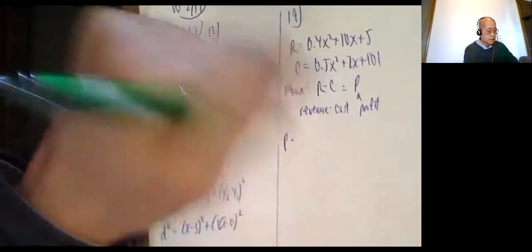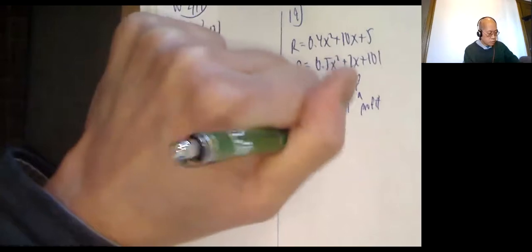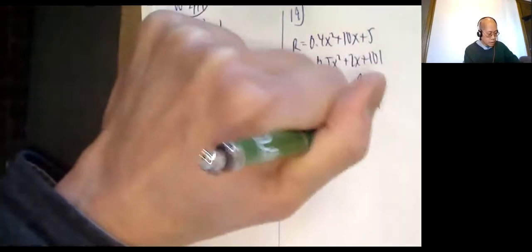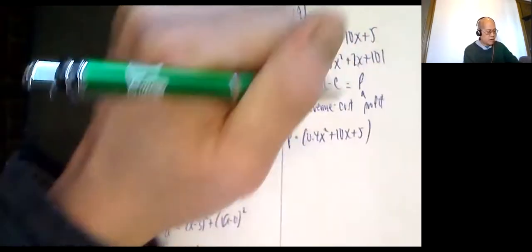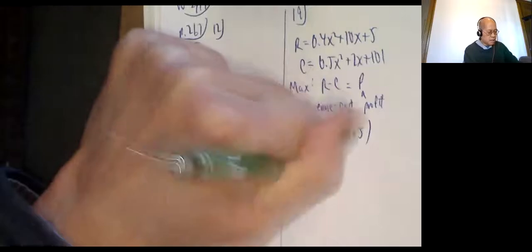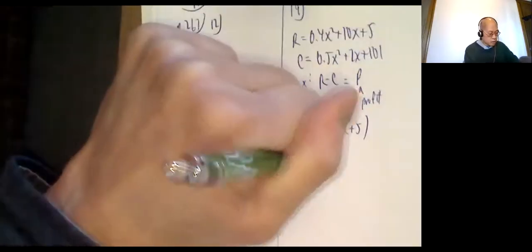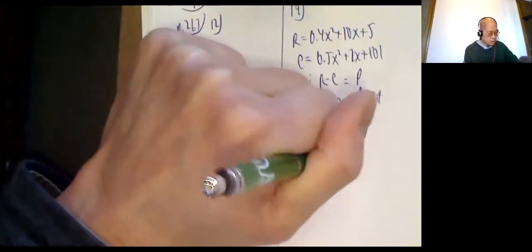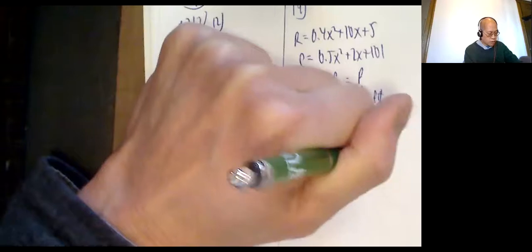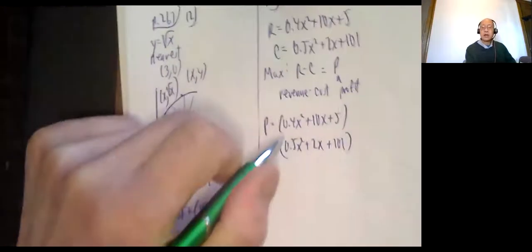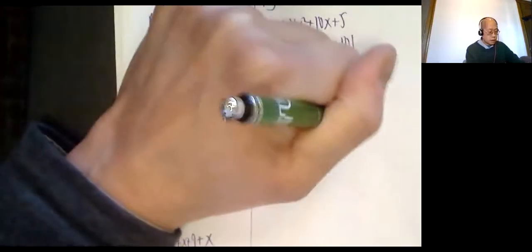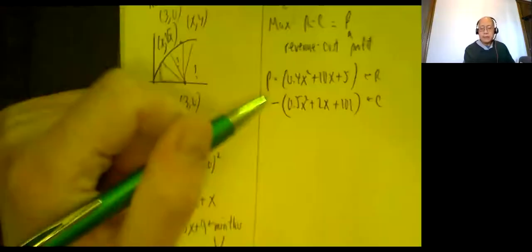Okay. So the profit is revenue, 0.4x squared plus 10x plus 5, minus, I'll line it up, 0.5x squared plus 2x plus 101. This is the revenue. This is the cost. It has to be in parentheses.